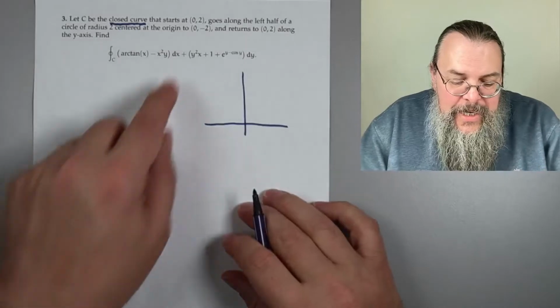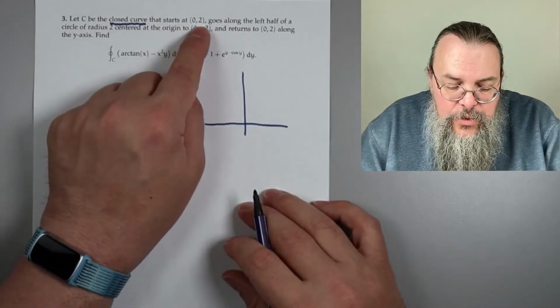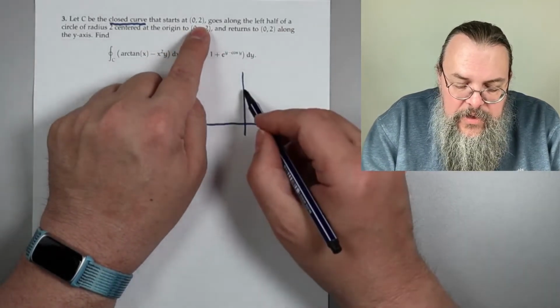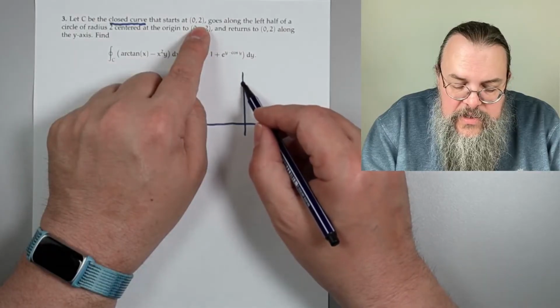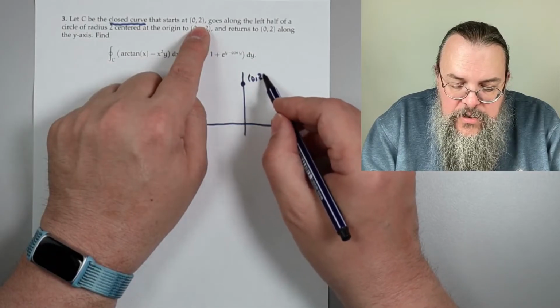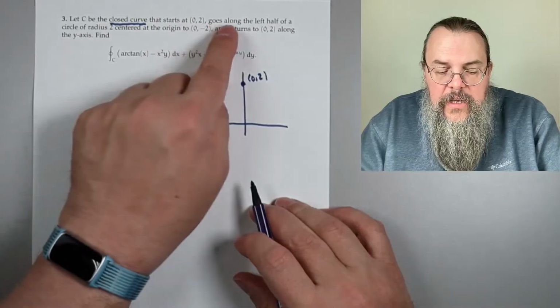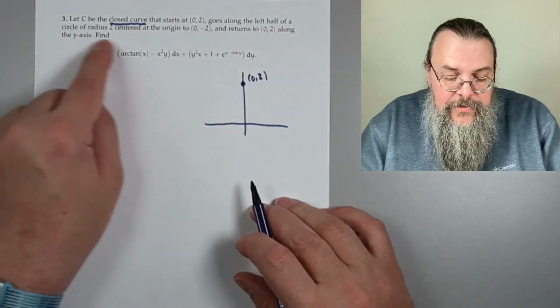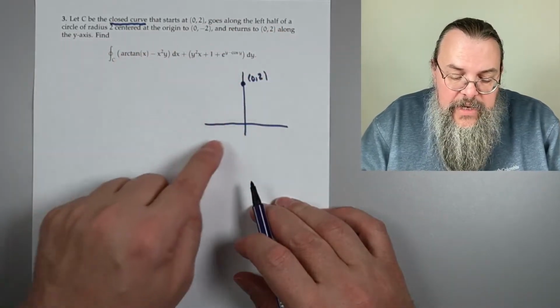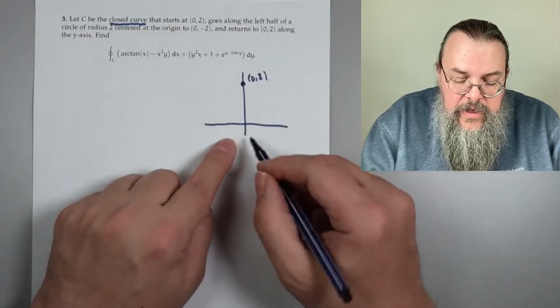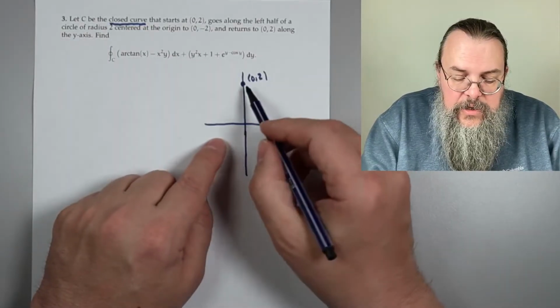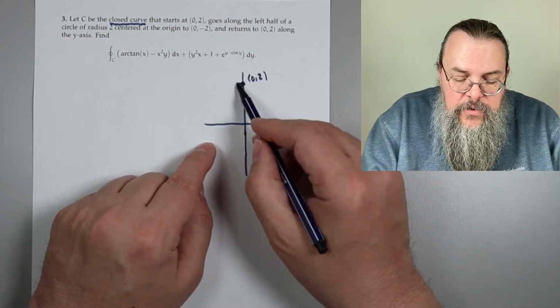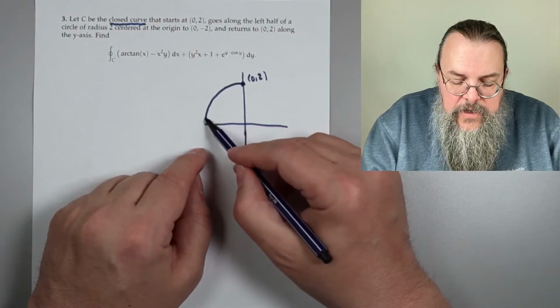Okay. It starts at 0, 2. So that says x equals 0, y equals 2. So here's 0, 2. It goes along the left half of a circle of radius 2, centered at the origin, to 0, -2. Okay. And, all right, so we're going actually down below. So left half over here.